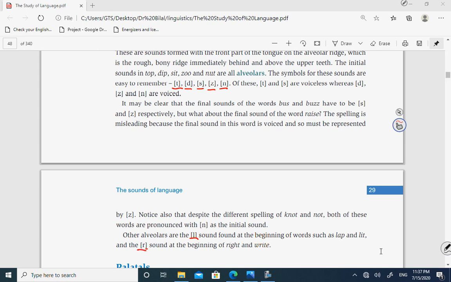Those are the alveolar sounds, and again, these sounds are produced whether by touching the alveolar ridge, like for t, d, n, l, and r, or they are getting very close to the alveolar ridge, like for s and z sounds.